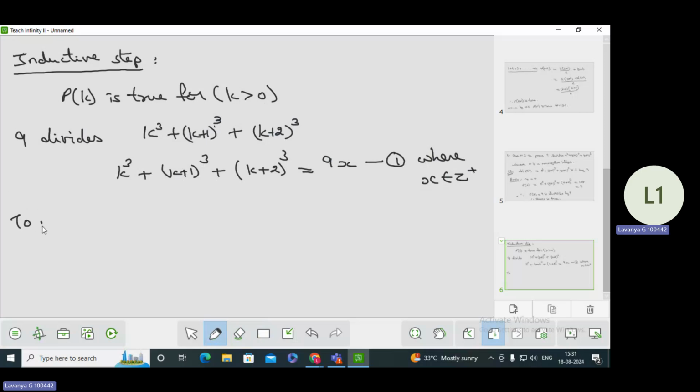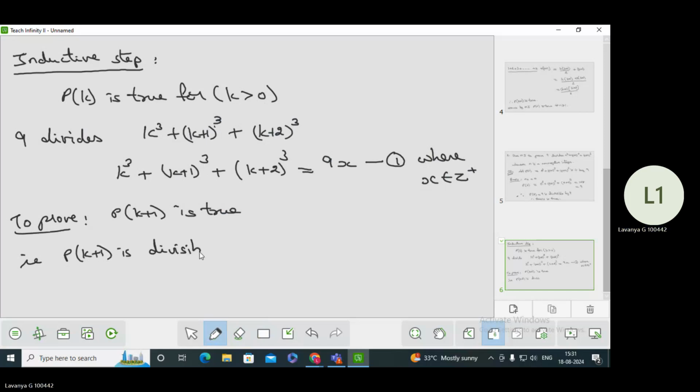Now, I need to prove P of k plus 1 is true. That means it is also going to be divisible by 9. So I have to show P of k plus 1 is divisible by 9.